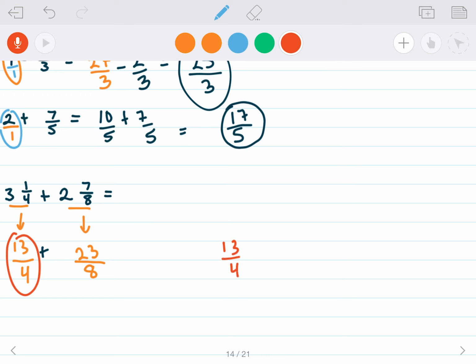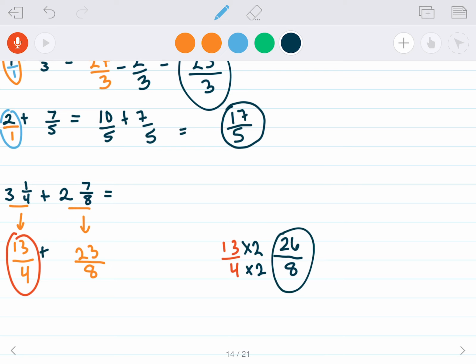So I have 13 over 4, and I want him to have an 8 as a denominator so that I can add them. So what do I have to do to the bottom, to 4, to get 8? I have to multiply by 2, so I do the same thing to the top, and 13 times 2 is going to give me 26 over 8.